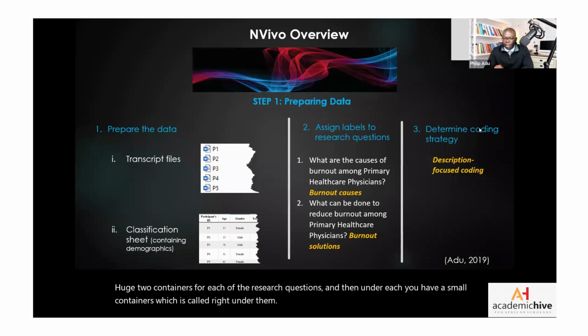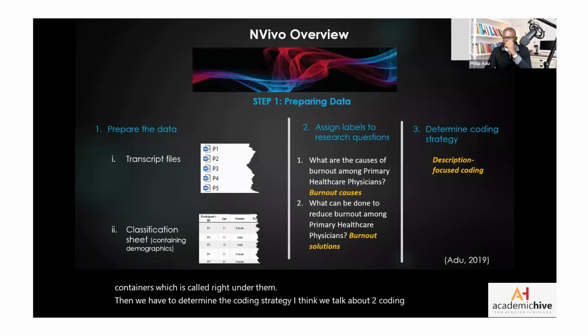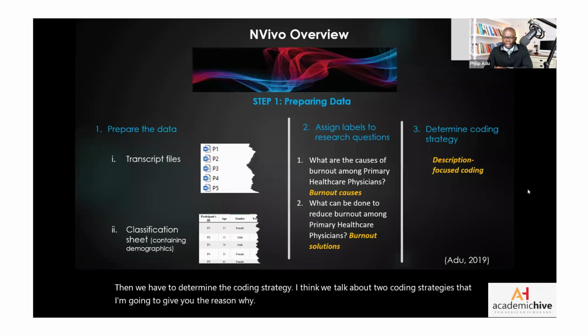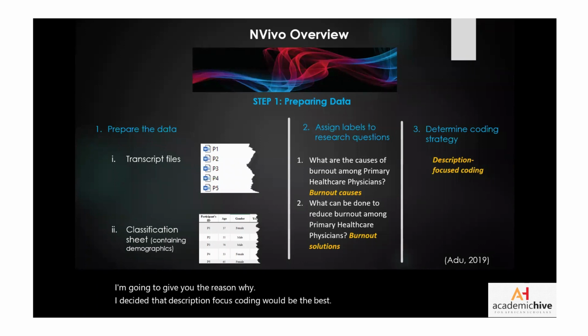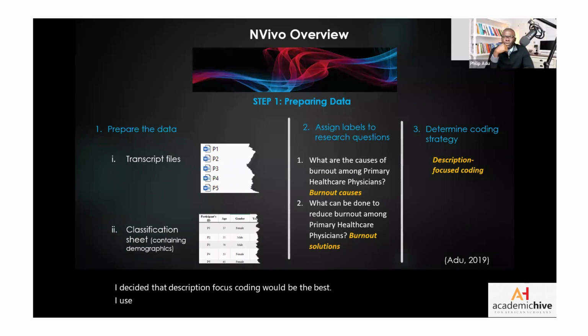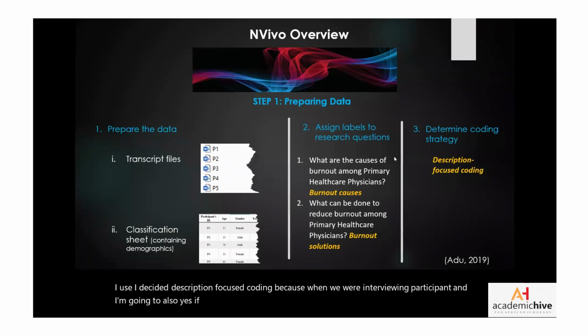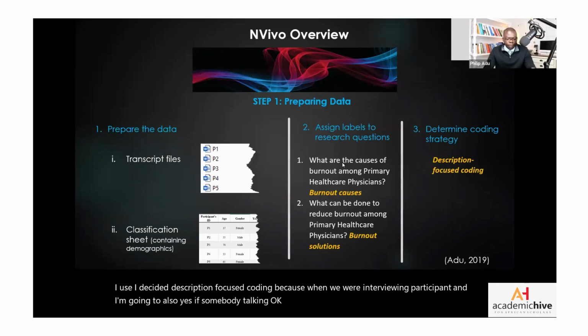Then we have to determine the coding strategy. I think we talked about 2 coding strategies. Then I'm going to give you the reason why I decided that description focused coding will be the best. I decided on description focused coding because of how we interviewed participants.